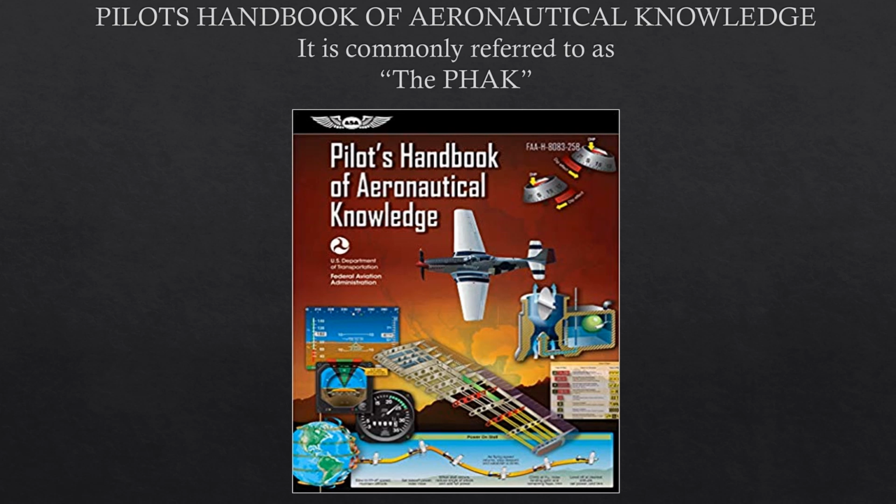Just like the Airplane Flying Handbook, it's very dry to read, so I kind of use it as a reference material for myself. It's required. Make sure you get a written copy, make sure you download it, and make sure you know it inside and out. You're going to reference it a lot in your aviation career.